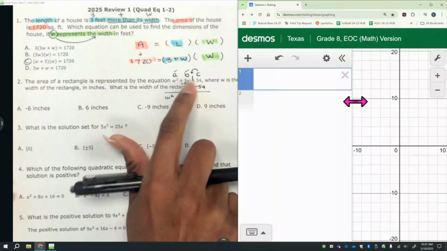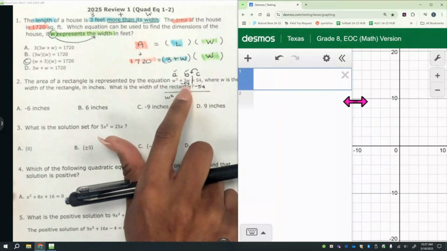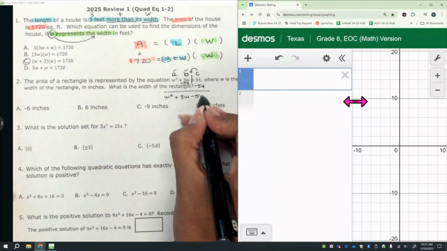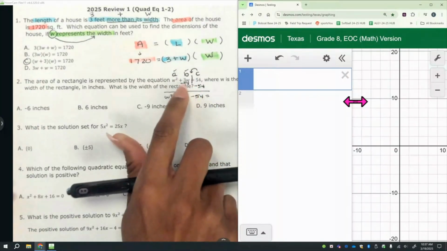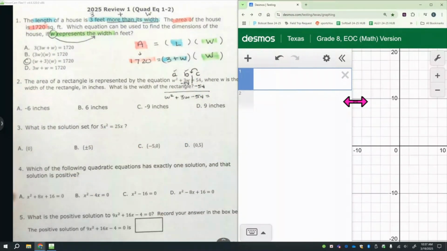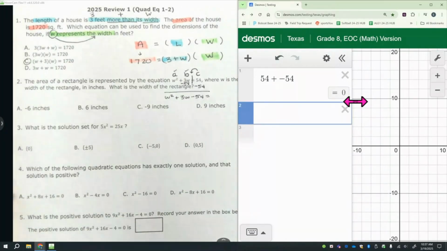And now C moved to the other side and became a negative 54. And my equal sign, now on the right side of my equal sign, we have a positive and a negative 54, which when we add those together, 54 plus negative 54 equals 0.